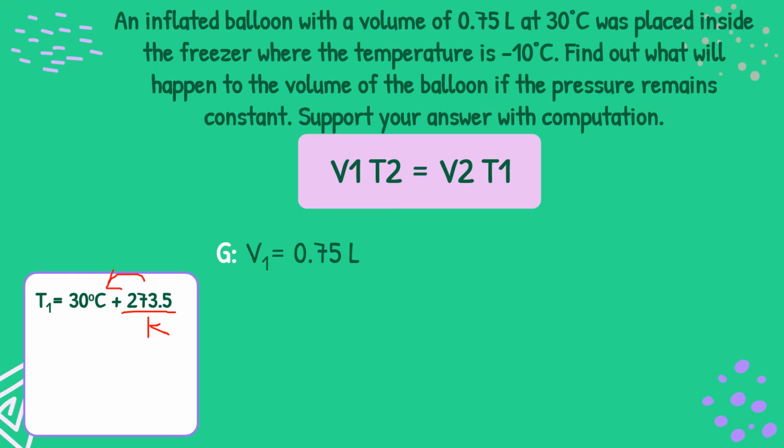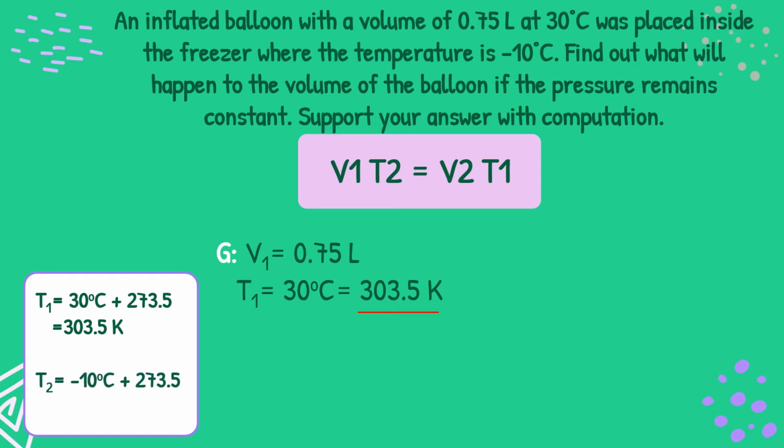So if we have an initial temperature of 30 degrees Celsius, we need to add it to 273.5 to get its corresponding amount in Kelvin scale, which is 303.5 Kelvin. So we have the initial temperature of 303.5 Kelvin.